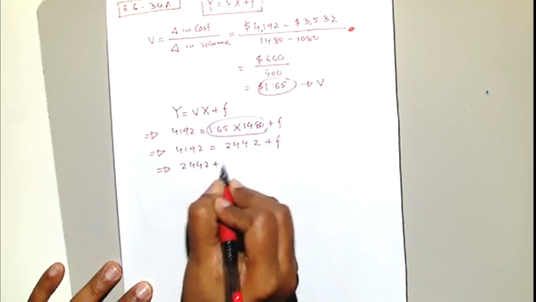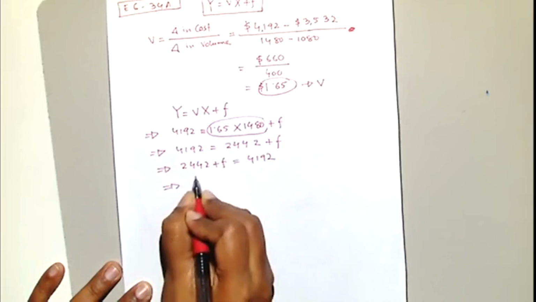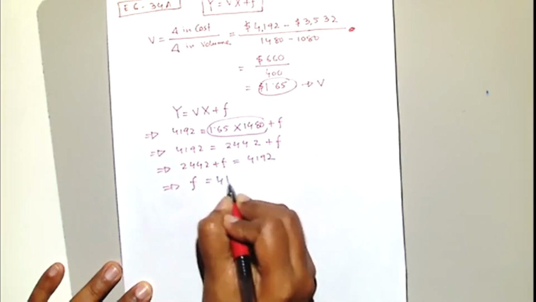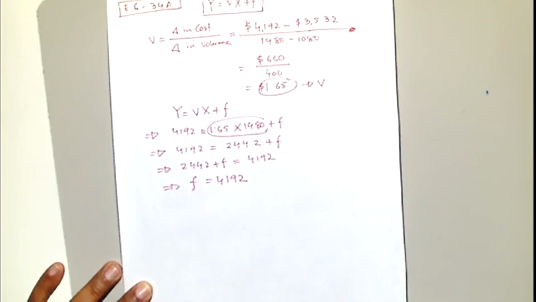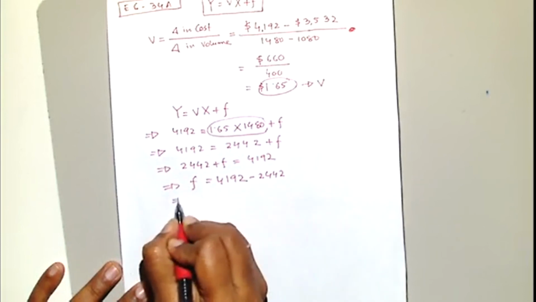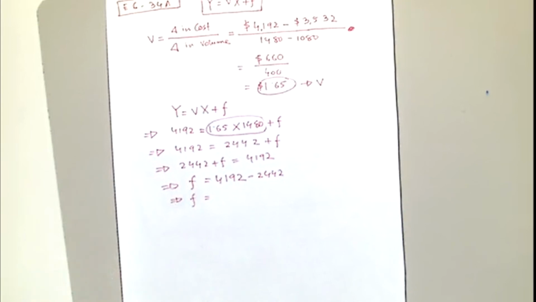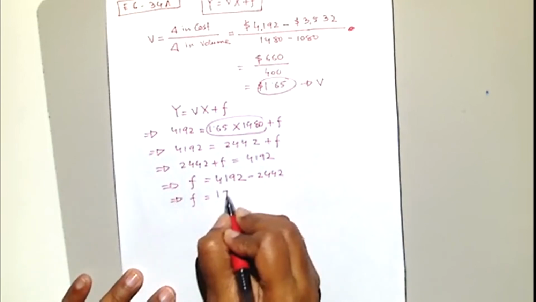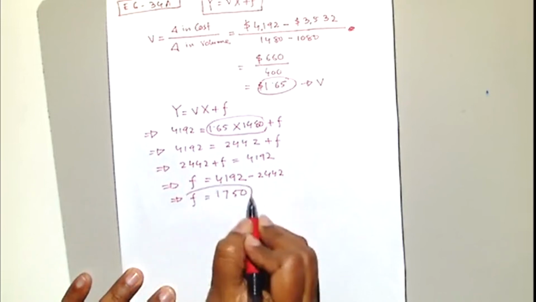I'm just trying to be very detailed so that you don't get confused. And F, 4192. I'm taking this 2442 from our left side to right side, and I'm gonna change the sign, and it gives me F. F is how much? 1,750. Great, that's my F.